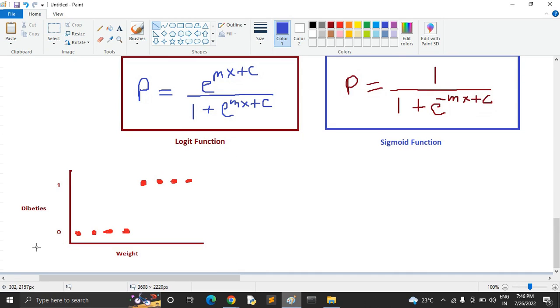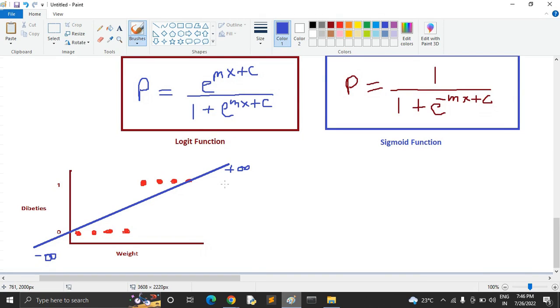If you draw a regression line from this, it will range from minus infinity to plus infinity. I don't want that, because we all know that for a logistic regression problem we have binary outputs, that is 0 and 1. I don't want any value that goes beyond this range.